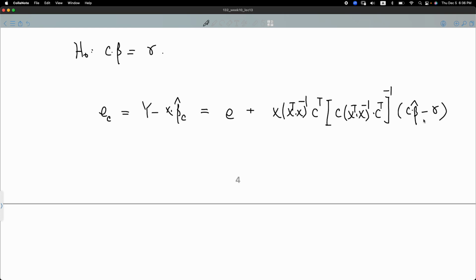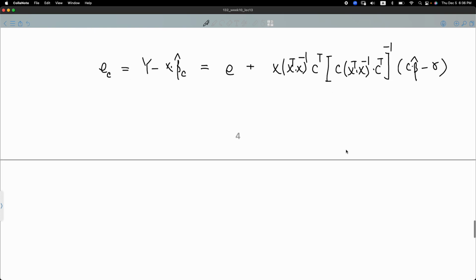So this is the residual under the constraint model. And now we are going to get some information regarding distribution from this.